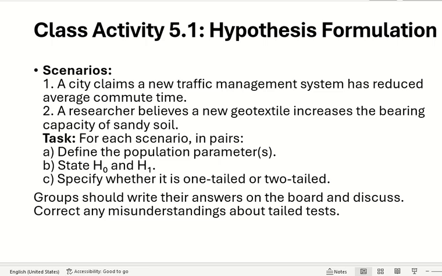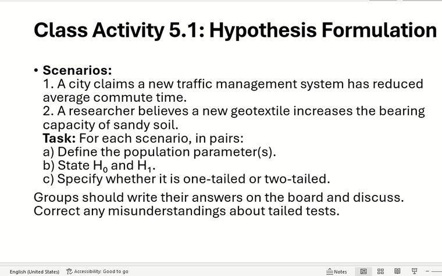Okay. So for the first one, they are claiming a new traffic management system has reduced the average commute time. So what are my population parameters? No, population parameters means what?